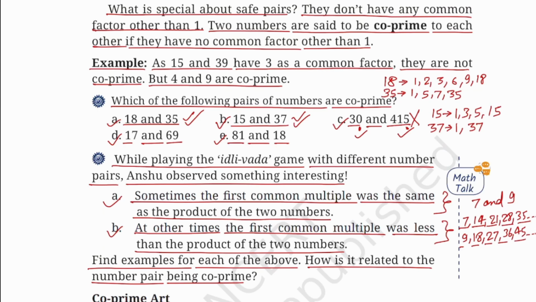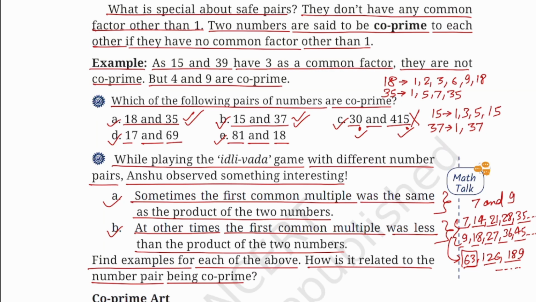And the common multiples of 7 and 9, that is 63, 126, 189, are where idli vada will be said. You can see that for the first time idli vada will be said at 63, which is the product of 7 and 9.